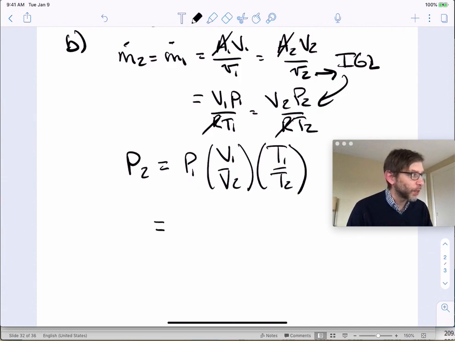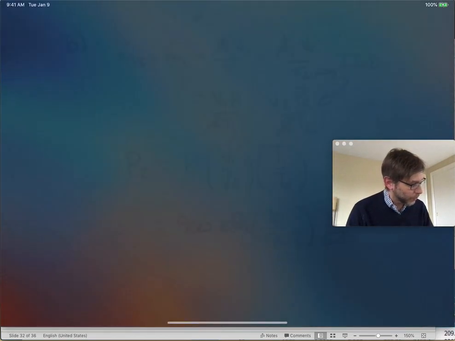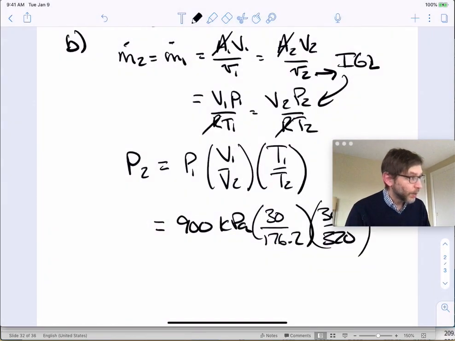We were given that P1 equals 900 kPa by the problem. And then we have 30 meters per second over 176.2, which is what we found in part A. And we have 305 over 320. So you're bringing those back in again here.